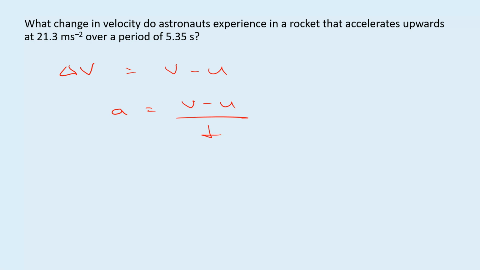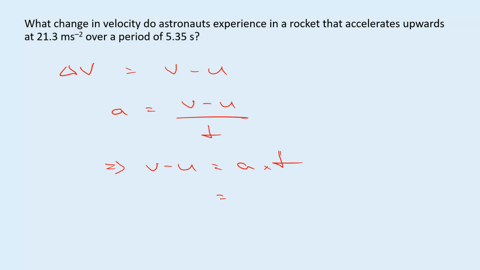So there's our first step. We've chosen an equation to use. Second step would be to rearrange the equation if you need to, and in this case we do. So this implies that V minus U, or the change in velocity, is equal to A times T. It's equal to AT. And then we're just going to put our numbers in and solve for the change in velocity.